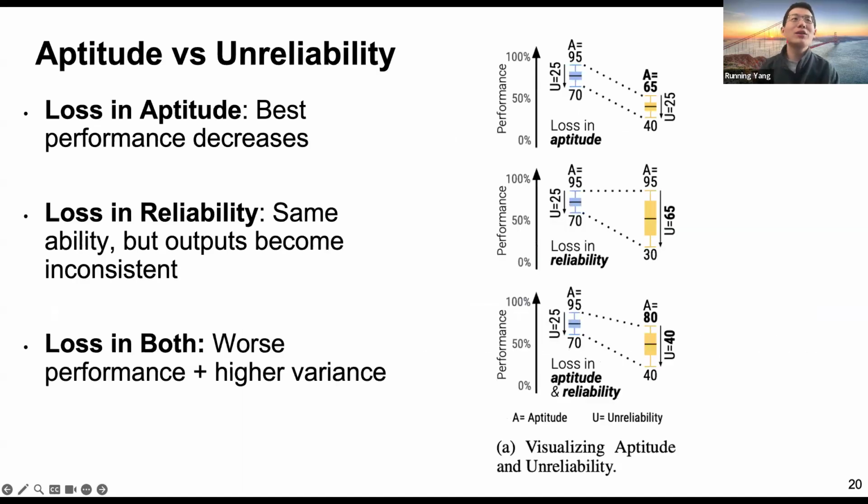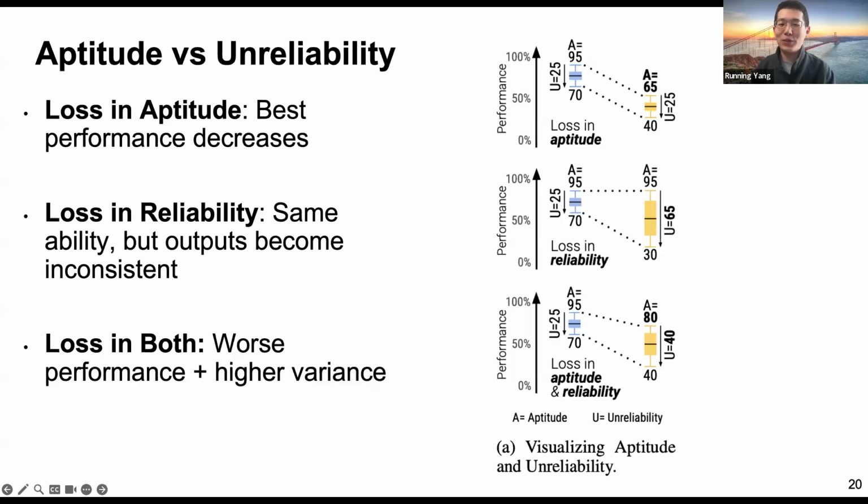And we can also take a look at aptitude versus unreliability. We first recall that aptitude refers to the model's best-case performance, which means how well it can do when everything goes right. And unreliability measures how much the performance varies, whether the model is being consistent.